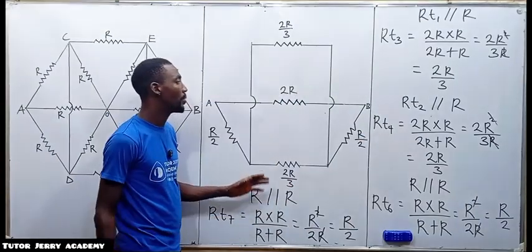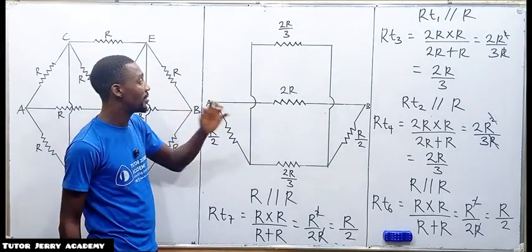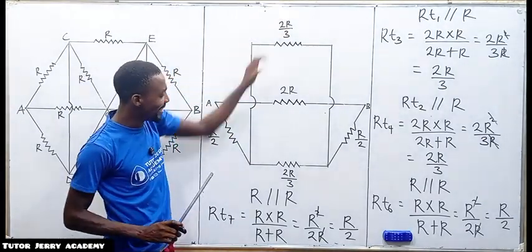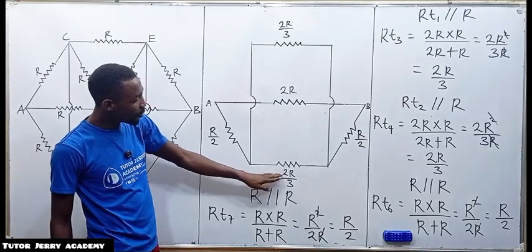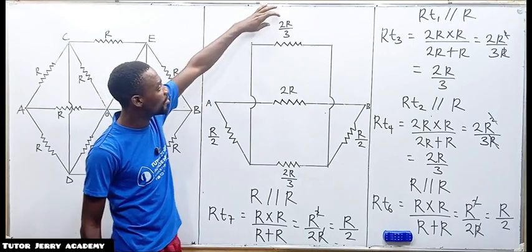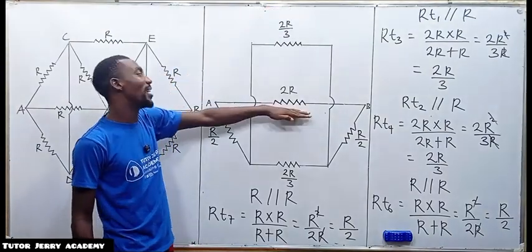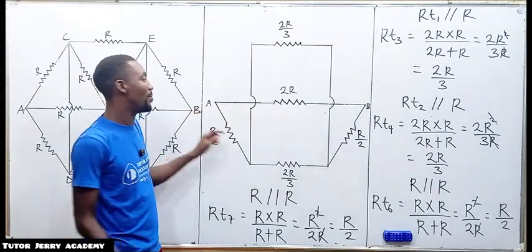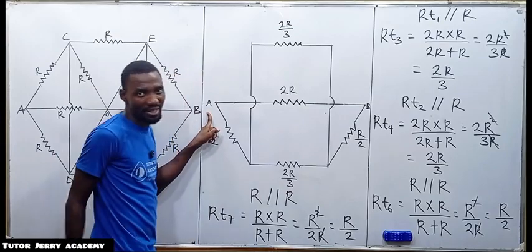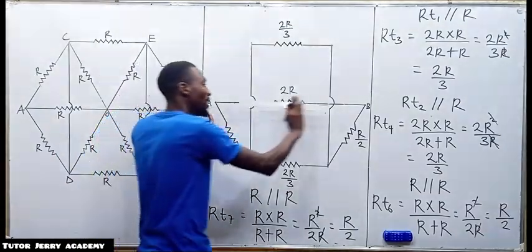All right. So you are going to observe that this R over 2 is parallel to this R over 2. Please don't go and make the mistake of saying this R over 2 is parallel with this. Is that clear? Why? Because this is our terminal A and our terminal B. So we are not going to touch this terminal for now.